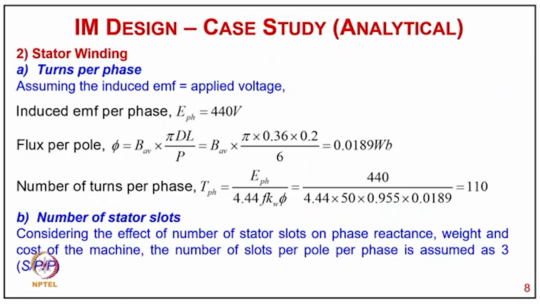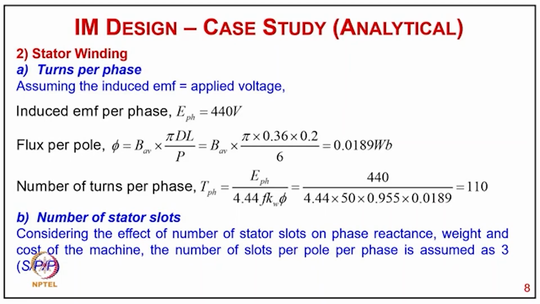Well, now finding out the turns of the stator winding, the turns per phase. We can consider the induced EMF to be very close to the applied voltage at the rated frequency of 50 Hz. So the induced EMF is also equal to the terminal line voltage, that is EPH equal to 440 volt, because it's delta connected. Line voltage equals phase voltage in a delta connection.